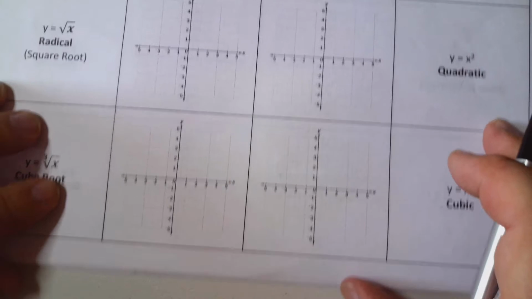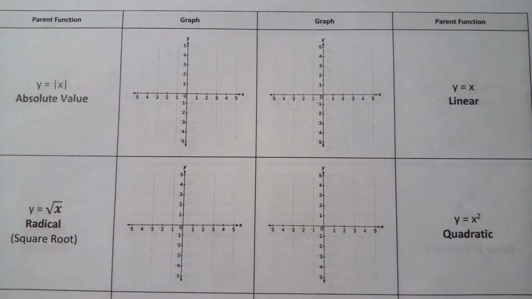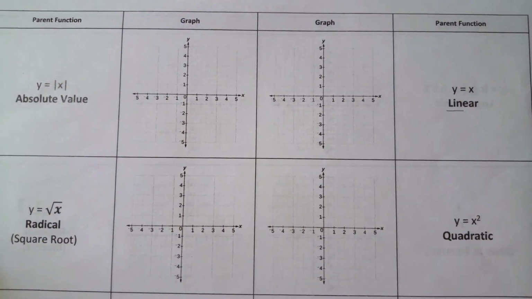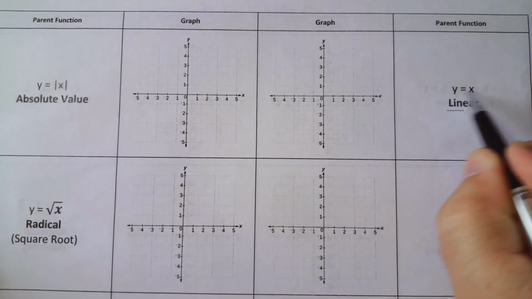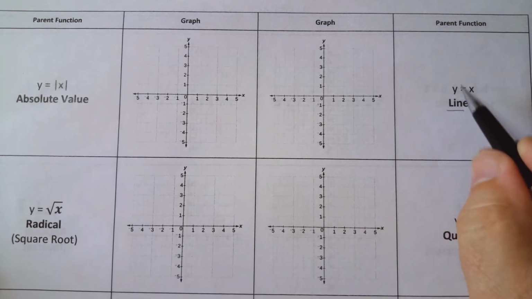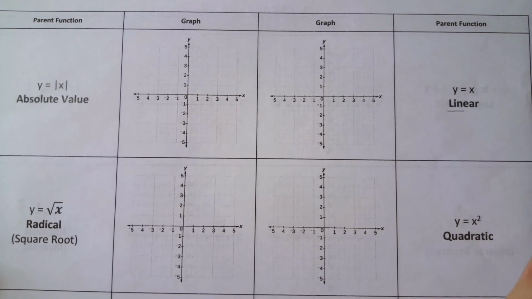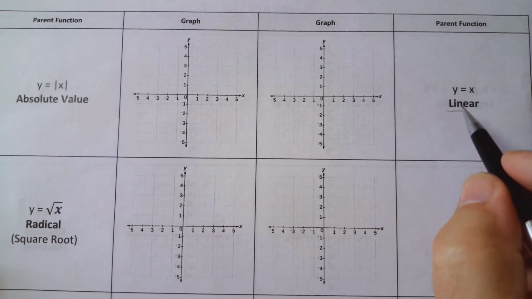Now let's do linear equations. A linear equation defines a line. We know it's a linear equation because x or y, neither of them have any exponents, radicals, or they're not denominators. They're not 1 over x. So that's how we know it's a linear equation.